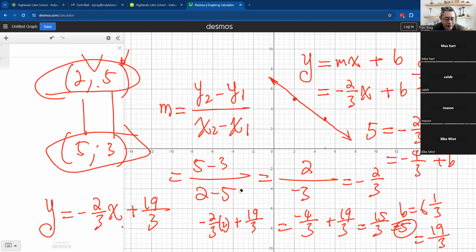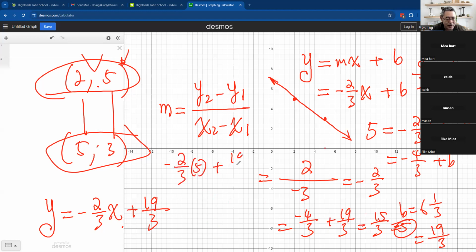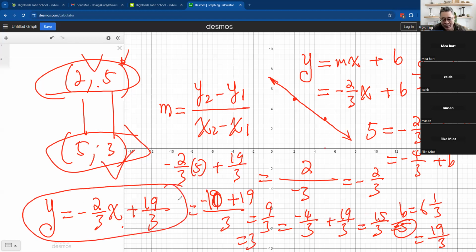Then we can confirm the second one. When x is 5, the y should be 3. So let's see. Negative 2/3 times 5 plus 19/3, which is negative 10/3, sorry, negative 10 over 3 plus 19/3, that's 9/3. It is 3. So both points are on this line. So we know that we got this right. Okay, are we good on this one?